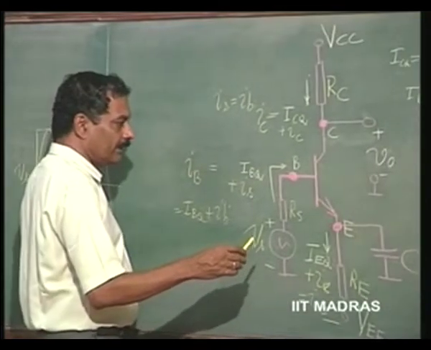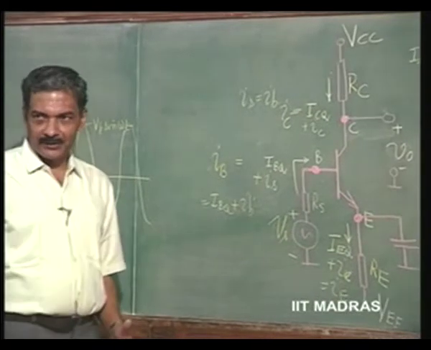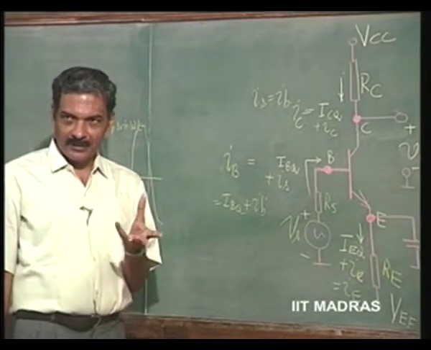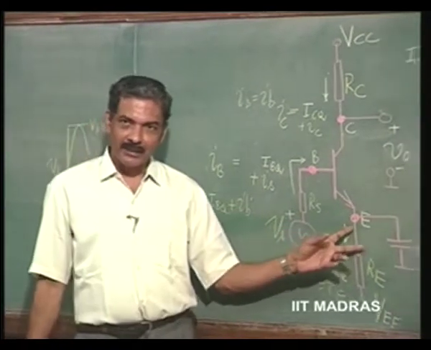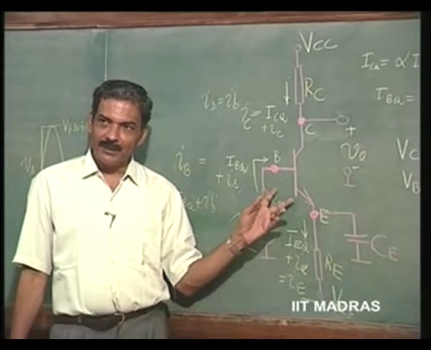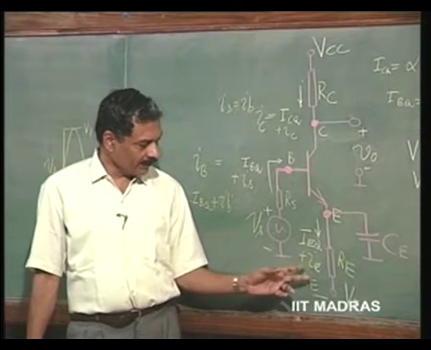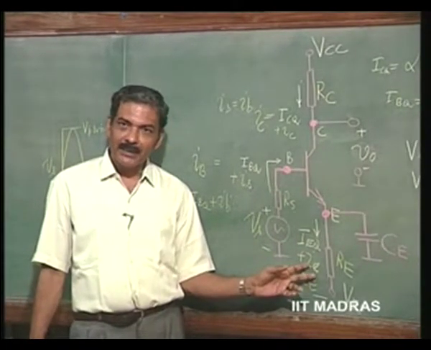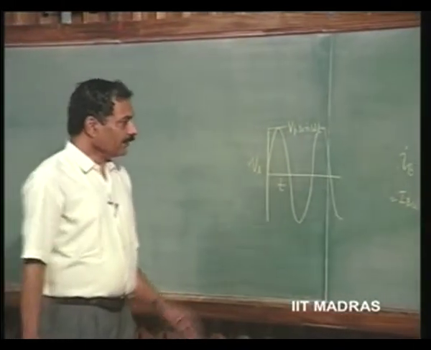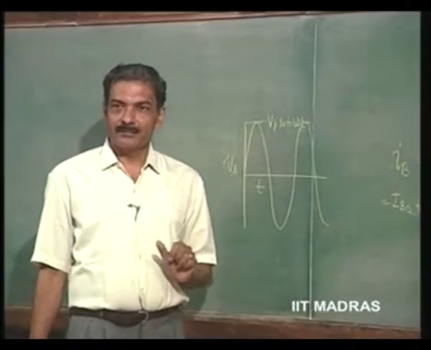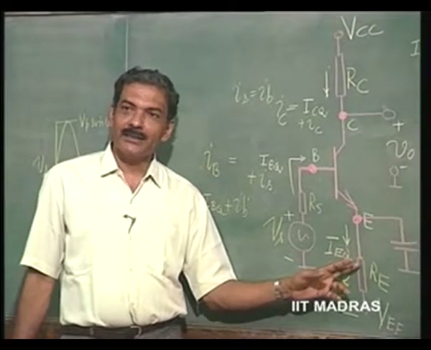if the base to emitter change is very small, the change in voltage is very small, corresponding to which there is going to be a change in emitter current, that is delta VBE and delta IE, which have now been replaced by small suffix e, Ie. That is also going to be sinusoidal, even though this VBE and IE are related exponentially.